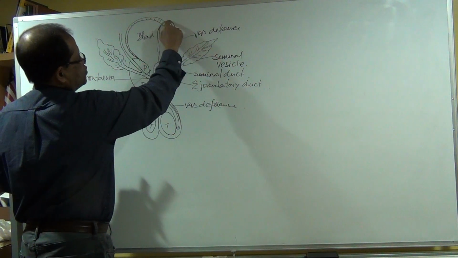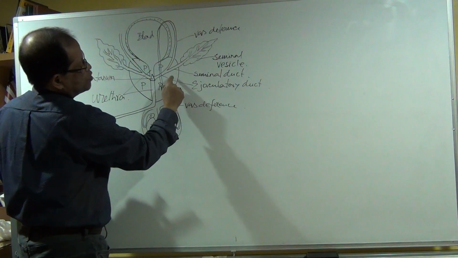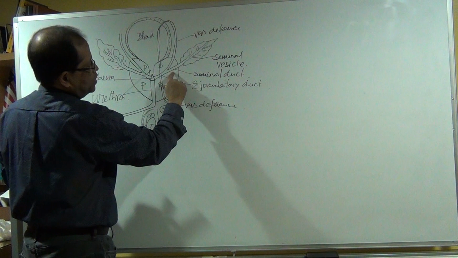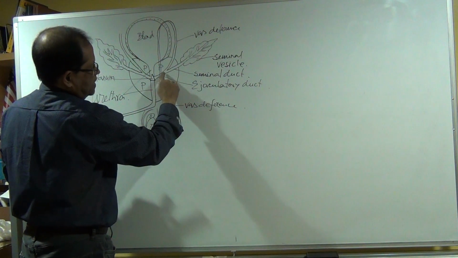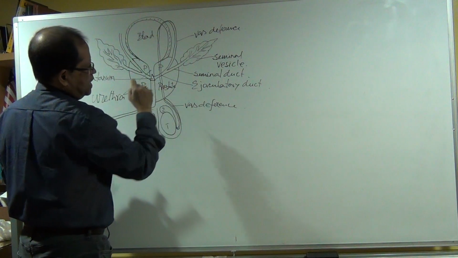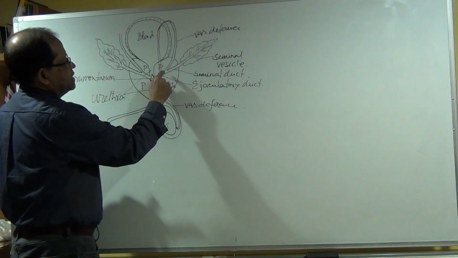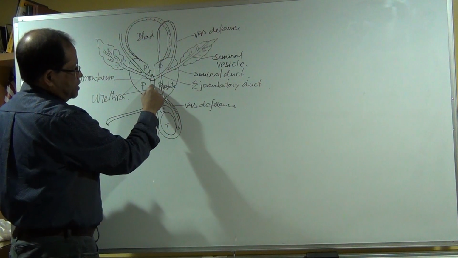Then it loops by the side of the bladder. Then it enters into the prostate gland. Then it joins with the vesical duct. From here to there is the ejaculatory duct. And this ejaculatory duct enters into the urethra.